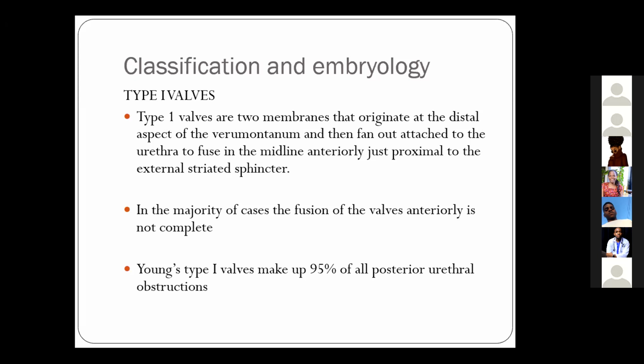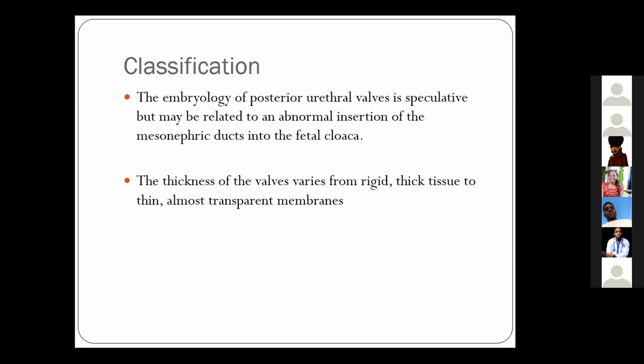So in these patients, we shall see later that you can actually pass the catheter because of the orientation of these valves. As we've said, type number 1 is the commonest. It will be found in 95% of all posterior urethral valve cases.